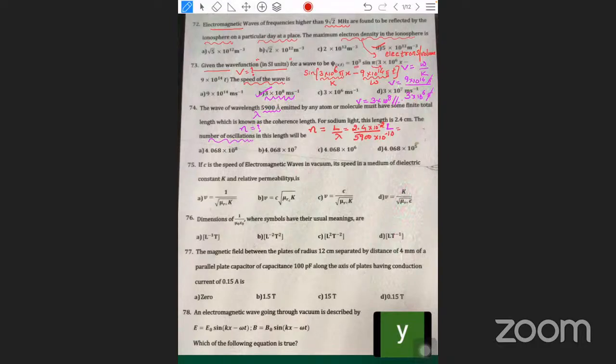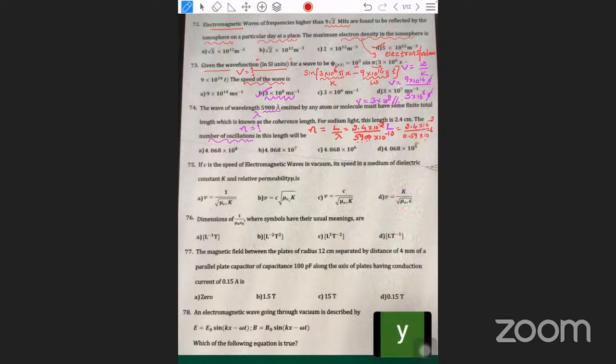Now, this can also be taken as 2.4 divided by 59, or you can take this as 0.59 into 10 power minus 6, because 1, 2, 3, 4 digits we are shifting towards the right. So it becomes 10 power plus 4. So it becomes 0.59 into 10 power minus 6.